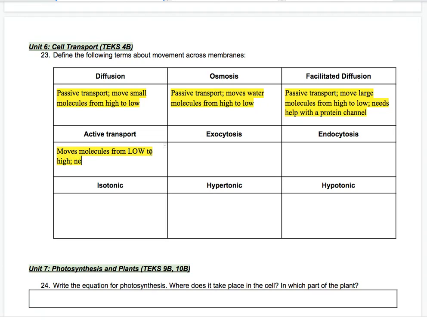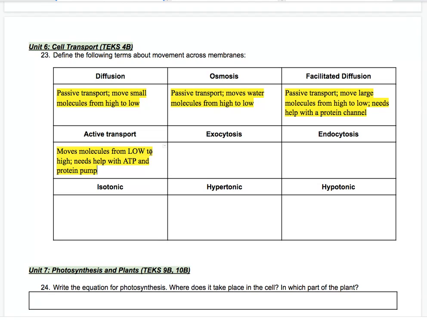And because of that, it needs help with energy, ATP. It's going to need that energy to help push it across the membrane, and it's also going to need to go through a protein pump. Again, that pump is going to help push it against the gradient.